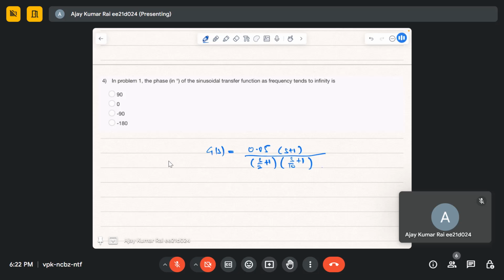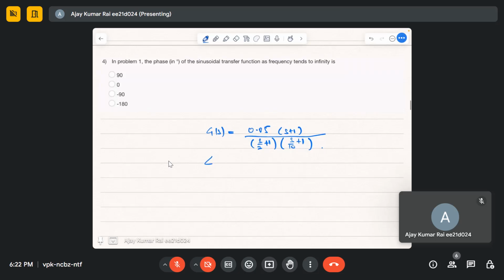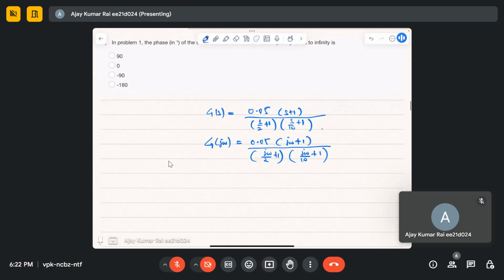Okay, so this is the transfer function, and if you find the sinusoidal transfer function, replace s with j omega. And we have to find the angle.